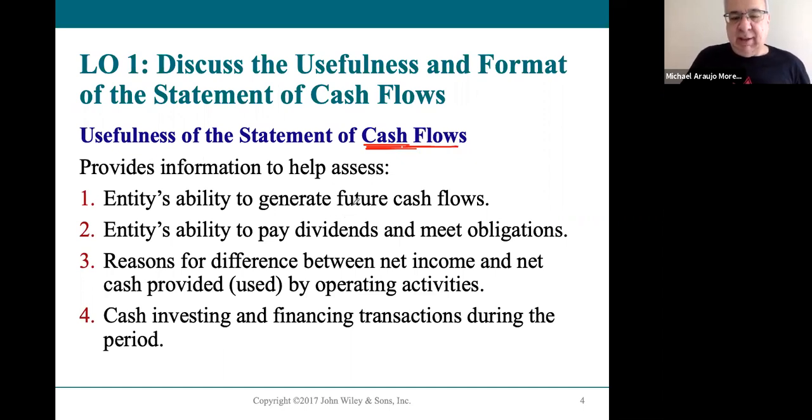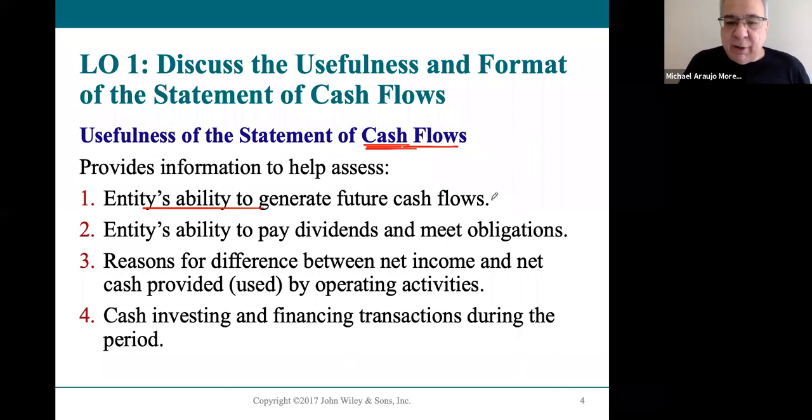You know, what is the company's ability to generate cash flow? Most of the cash the company should be getting is from selling its goods and services. They're selling it for cash. So most of the cash flow generated at a company should be coming from selling their stuff.